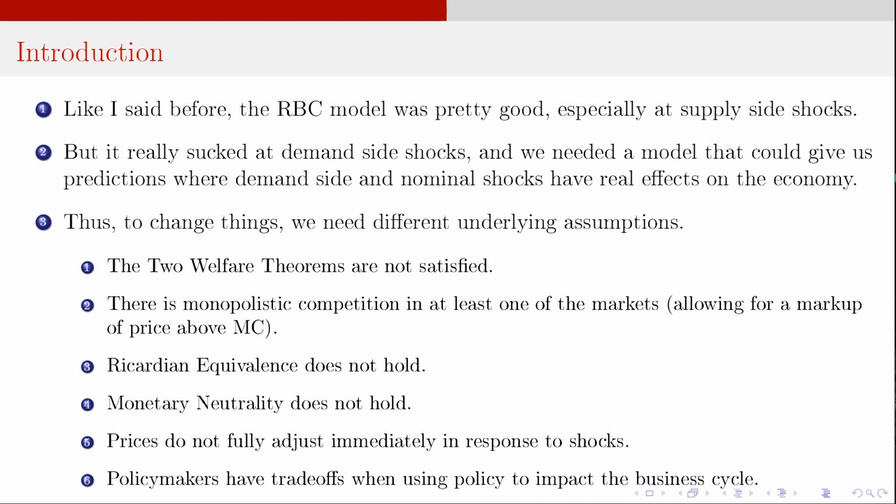The fiscal authority is going to be concerned about trying to maintain their budget, basically keeping the budget somewhat balanced, while at the same time being able to impact the business cycle with countercyclical fiscal policy. And the monetary authority, or the central bank, in our case the Federal Reserve, is going to face a trade-off between output and inflation.